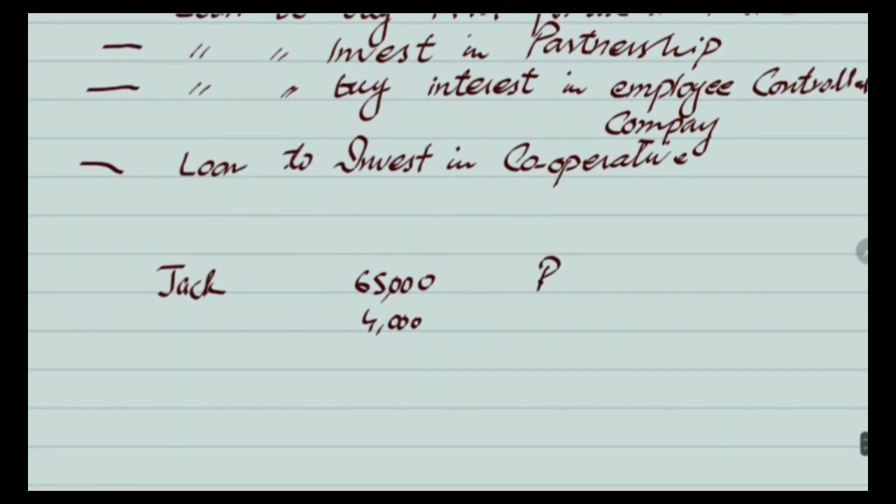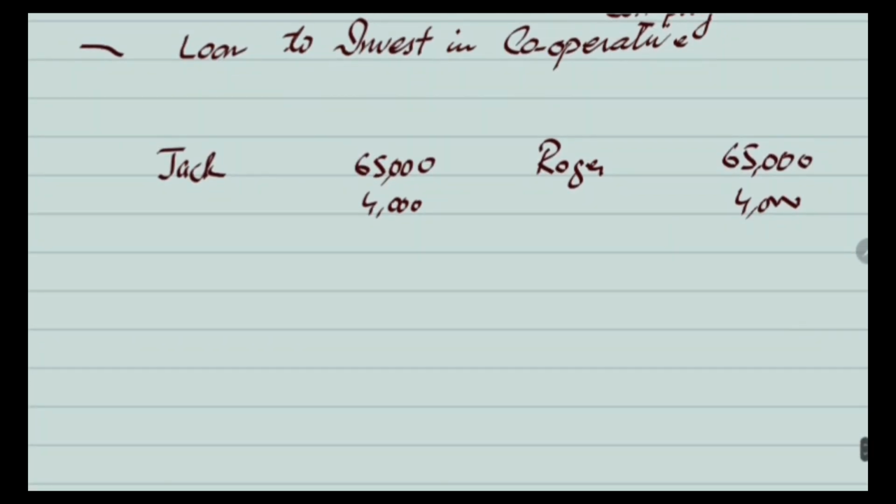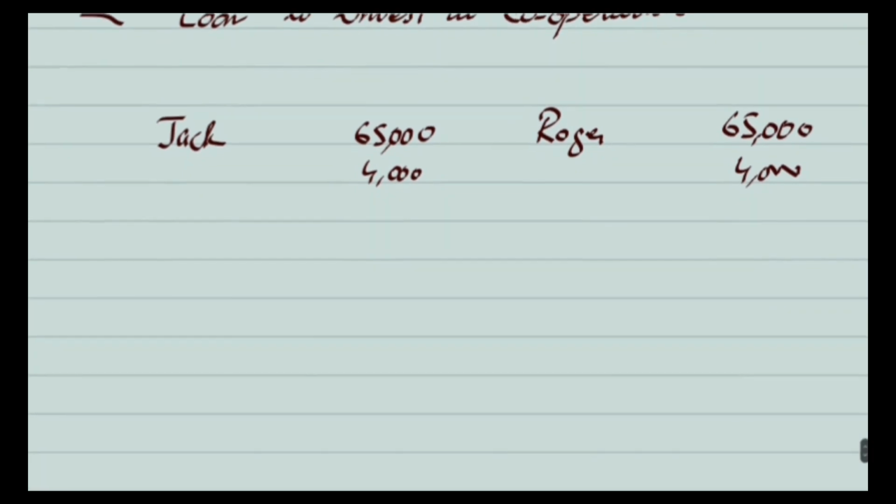While in case of Roger, who has a taxable income of again 65,000, he has also paid interest of 4,000, but this is interest on a loan which is obtained to invest in partnership. So, what are the implications?